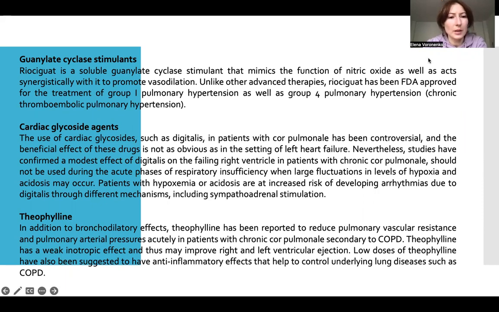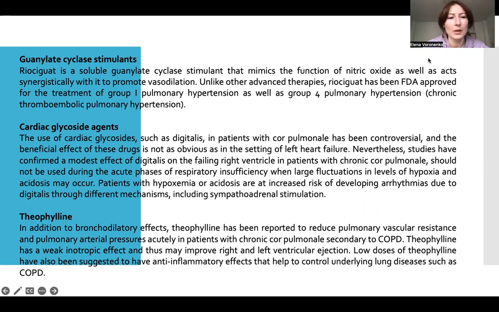Cardiac glycoside agents. The use of cardiac glycosides such as digitalis in patients with Cor Pulmonale has been controversial, and the beneficial effects of these drugs are not as obvious as in the setting of left heart failure.